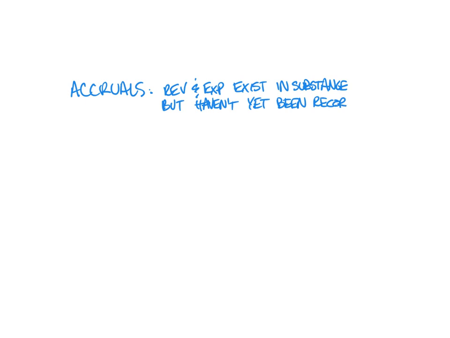Remember, AJEs themselves, both deferrals and accruals, don't involve cash. This is not to say that revenues and expenses don't eventually turn into cash. Many or most do. But this is to say that the AJE itself doesn't involve cash.